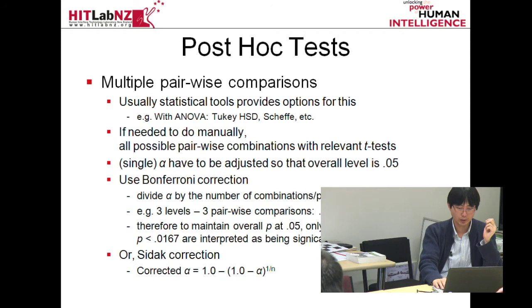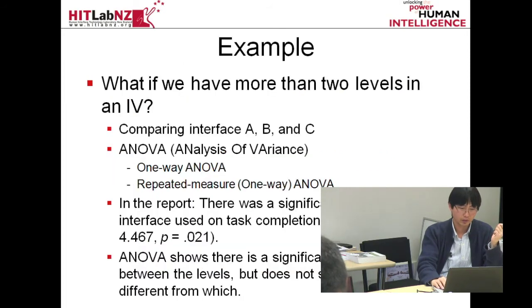But the convention is to do the ANOVA first, because if you had no significant result with ANOVA, then there's no use of doing a pairwise test anyway. So the standard way is to do the ANOVA first, and if it turns out significant, then you do the pairwise test.